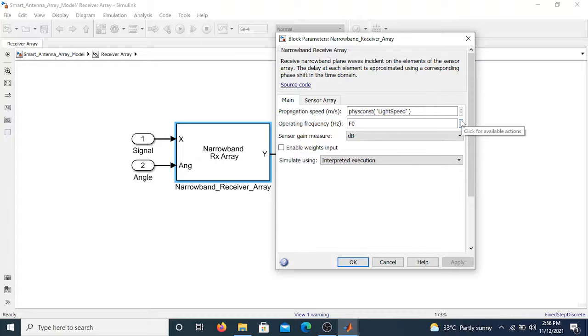Due to the fact that our distance is measured in wavelengths, we have a propagation speed, which denotes that the equation of lambda derived from first principles is being used, with the standard value of c being the speed of light, which is 3 times 10 to the power 8 meters per second.